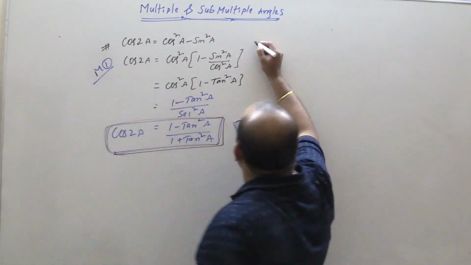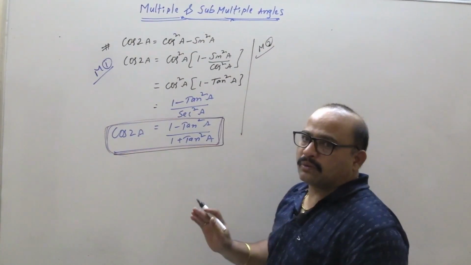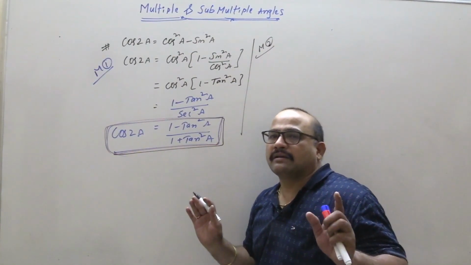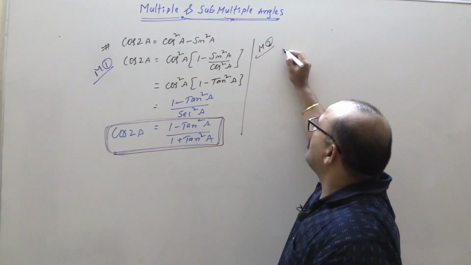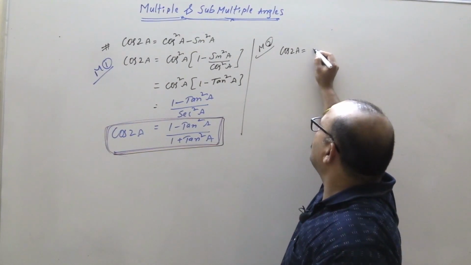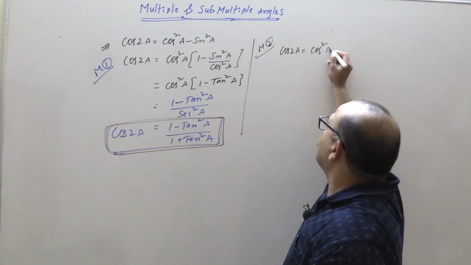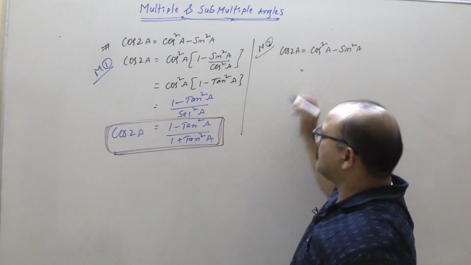Next I am going to show method 2. Whichever you feel comfortable with, better to learn that method. Method 2, students. Cos 2a formula is cos square a minus sin square a.